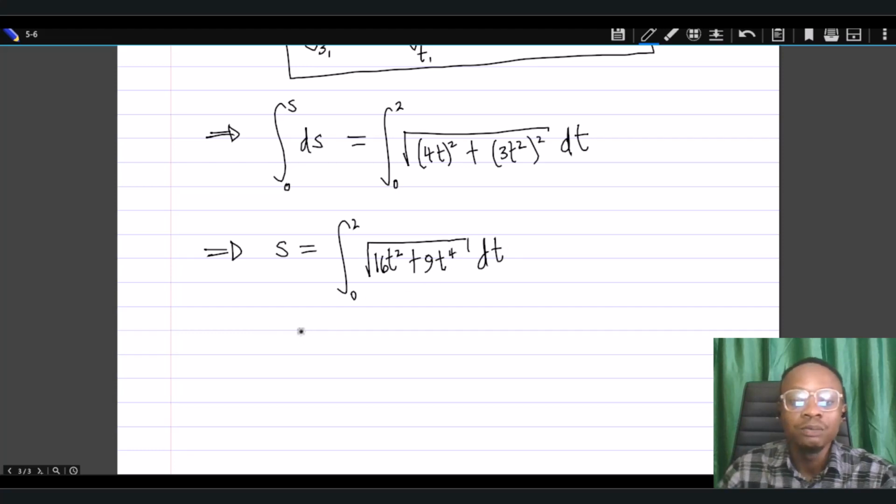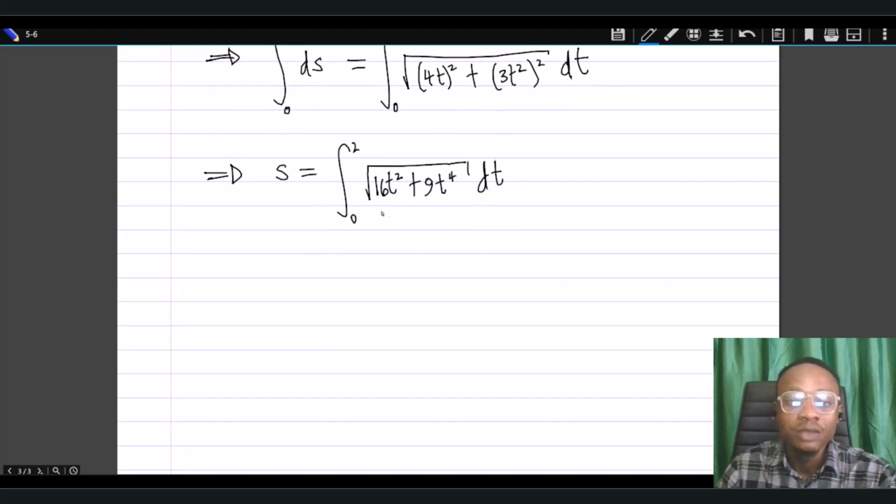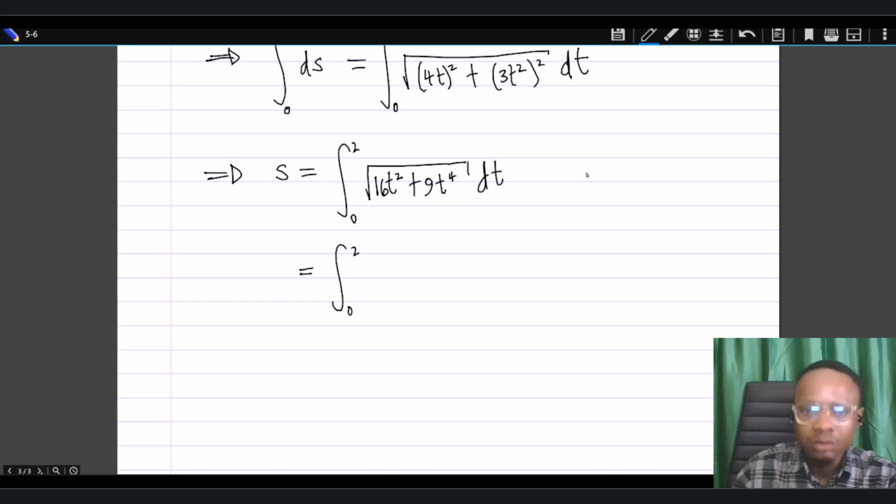So we need to integrate this, the integral from 0 to 2. Can we factor out anything here so that we can use the product rule of integration? We can factor out t squared here. T squared is here, t squared is here. When we bring it out, that will be t.